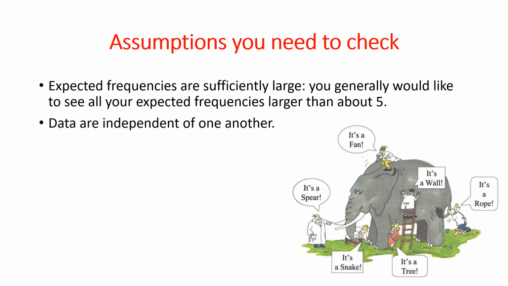But most of the time, if your design is between-subject design, the data are independent from one another because you have different participants. So there is a high chance that the data are independent.